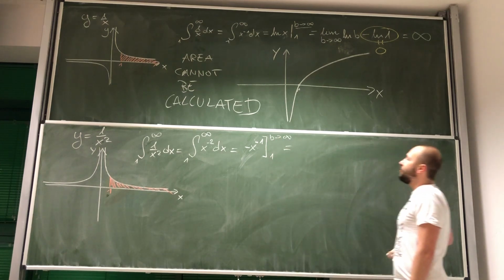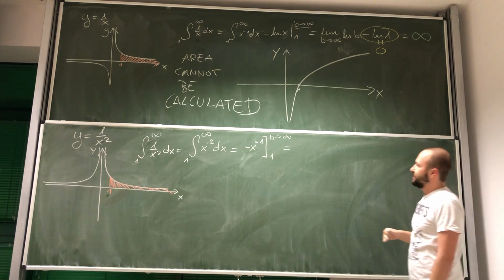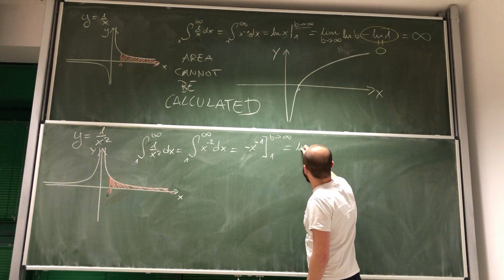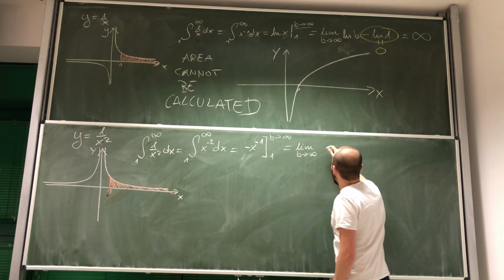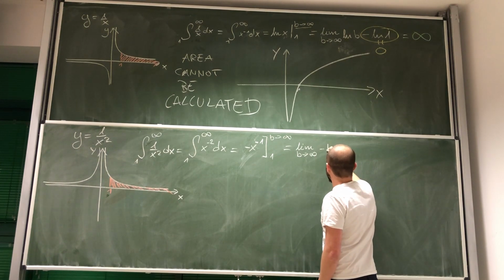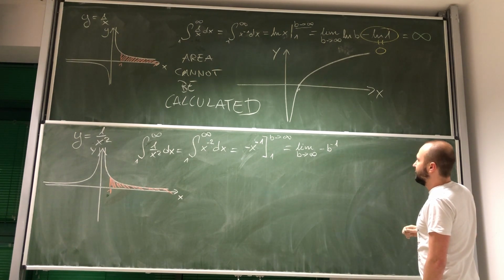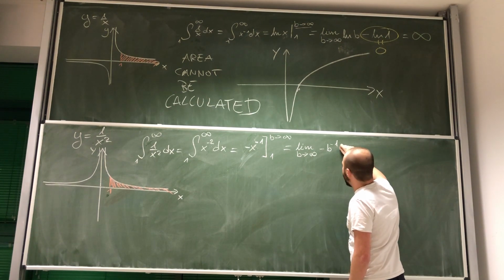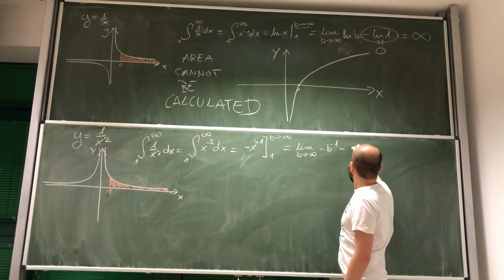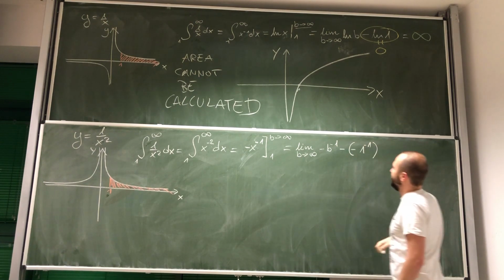Okay, so look, we go through exactly the same steps, right? So we calculate the limit with b approaching infinity of negative b to the power negative 1, and minus negative 1 to the power negative 1, right?